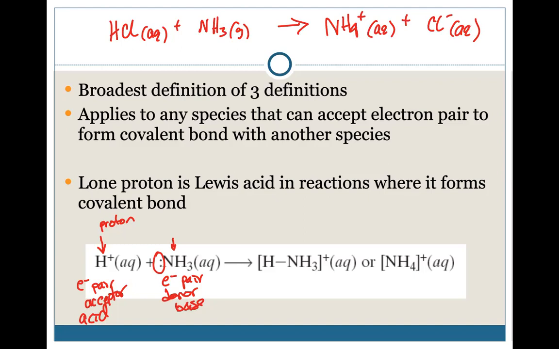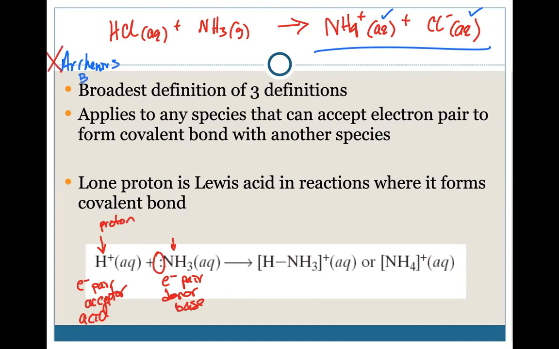So the first thing I start with is Arrhenius. Does Arrhenius apply? Well, again, two criteria. One, aqueous. We check that because we've got aqueous solutions on the right-hand side. In order for Arrhenius to apply to either an acid or a base, you have to either increase the concentration of hydronium or increase the concentration of hydroxide. Neither of those two ions are here on the product side, so Arrhenius does not apply.